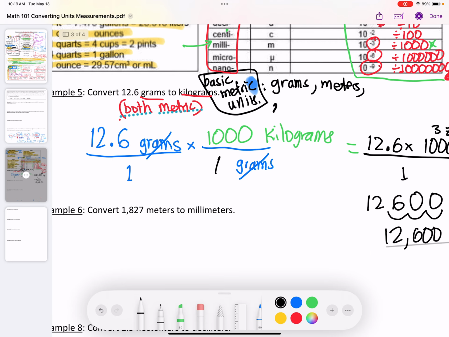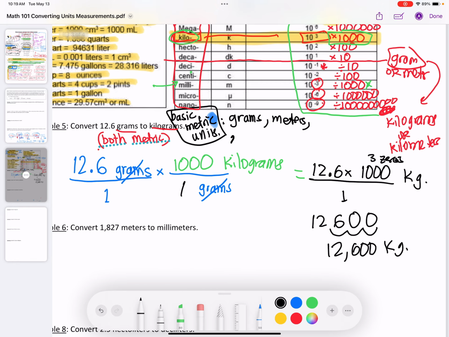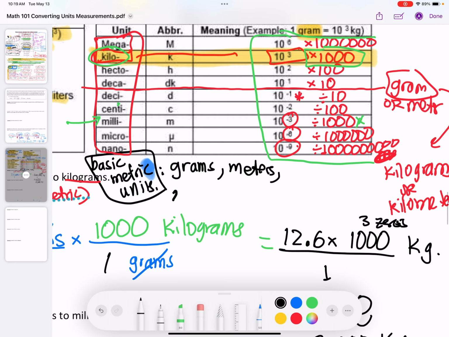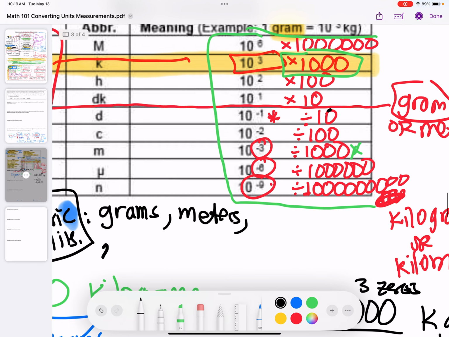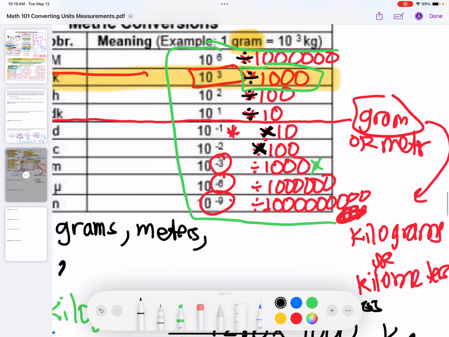Wait a second. That can't be right. It has to be dividing. I'm sorry, I think I mixed these up. These are all divide by. These should be divide, and these should be multiply. That makes sense because the top units like kilograms and kilometers are big measurements.